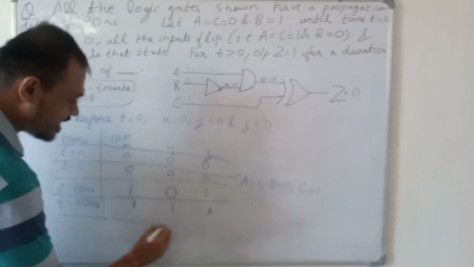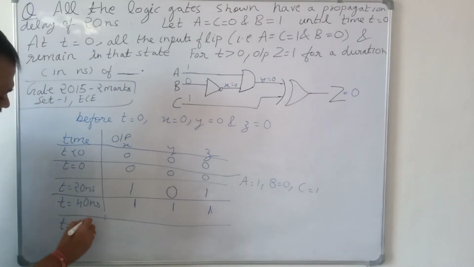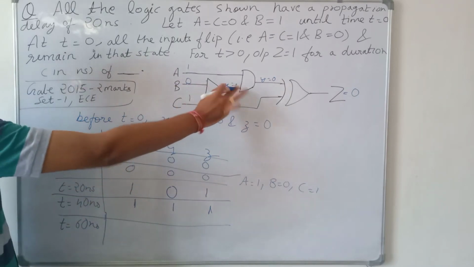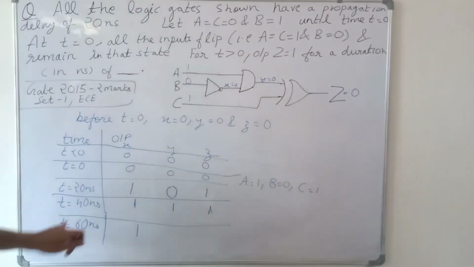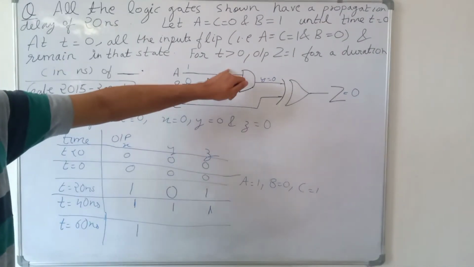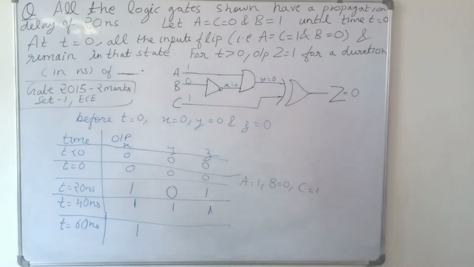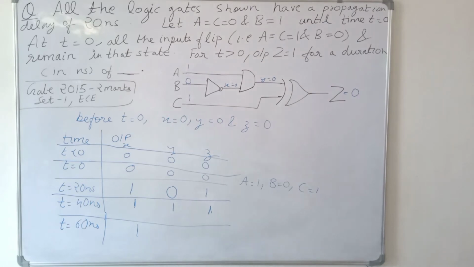Now at t equal to 60 nanoseconds, b has not changed, so output x will remain 1. At t equal to 40 nanoseconds, a and x did not change, so y will remain the same, that is y will remain 1.